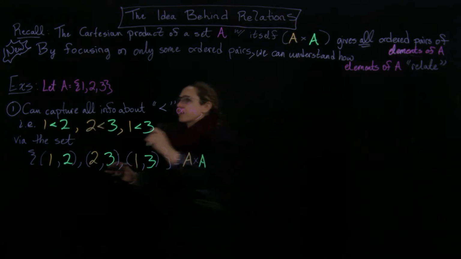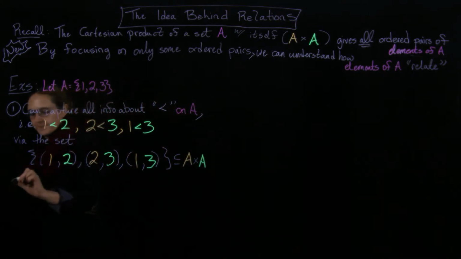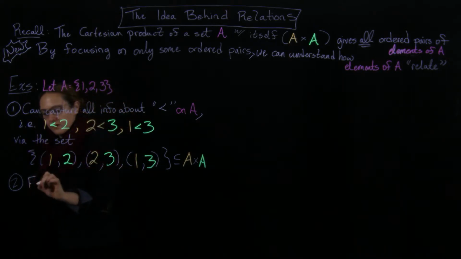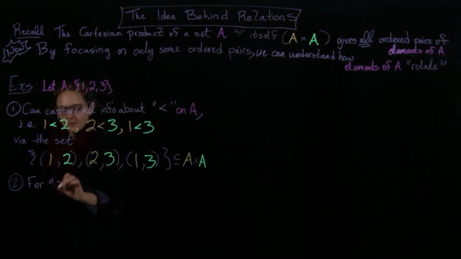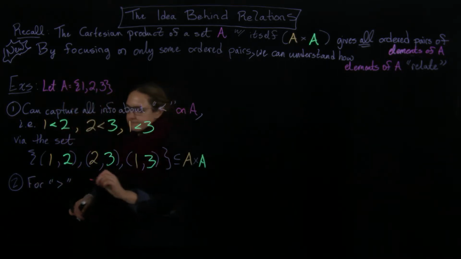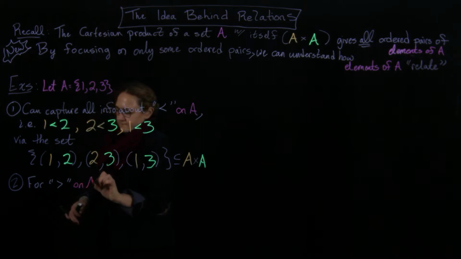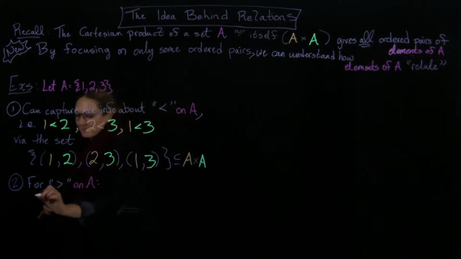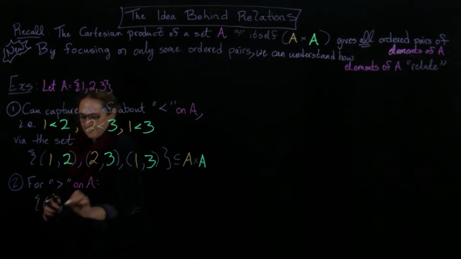What about if we want to go the opposite direction? For now we want to go for greater than on A. What should my set be now? Well, now I just want to swap all these.